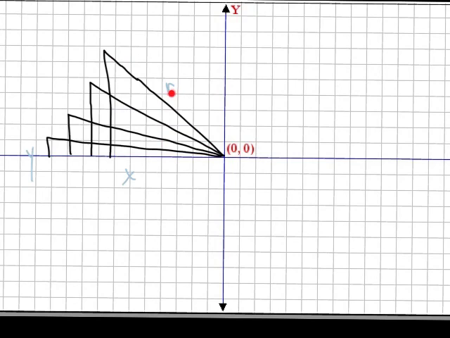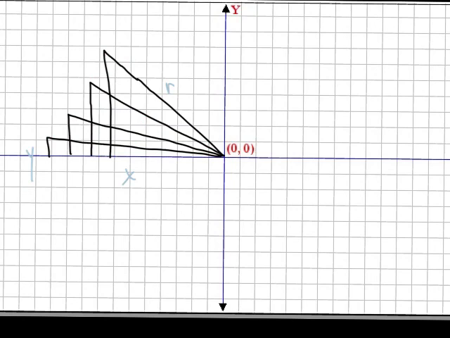My r value starts getting closer and closer to the same length as my x value. And what happens to my y? It gets smaller and smaller and smaller until, when r and x are on the same line, my y value turns into 0. Are you seeing how that happens?